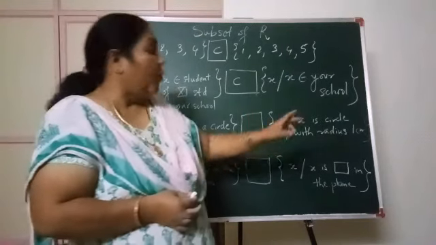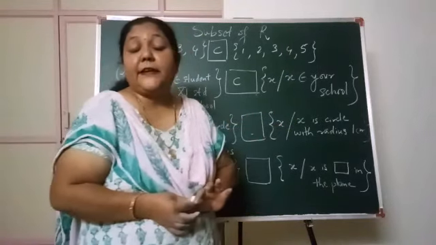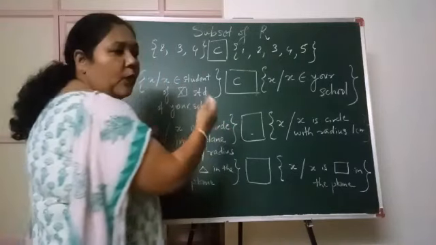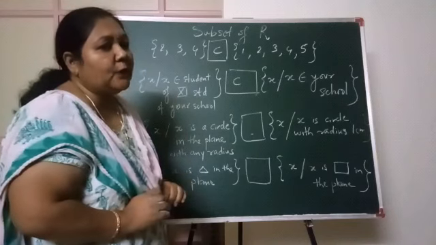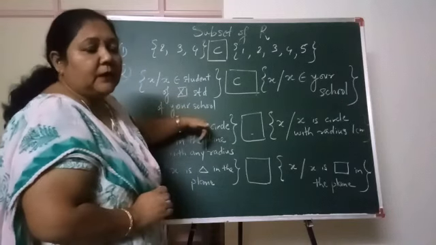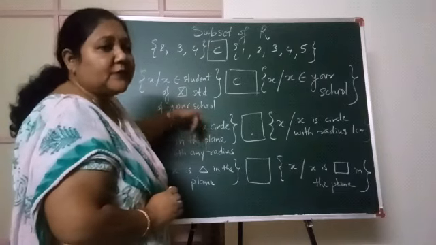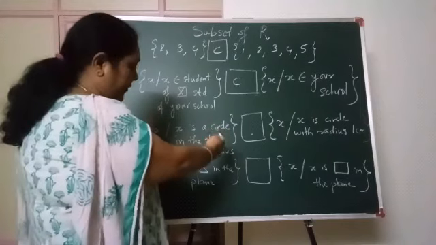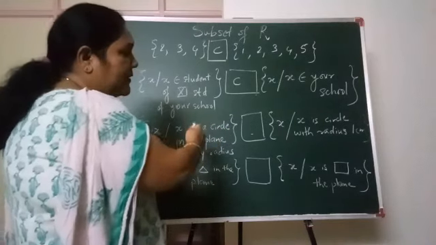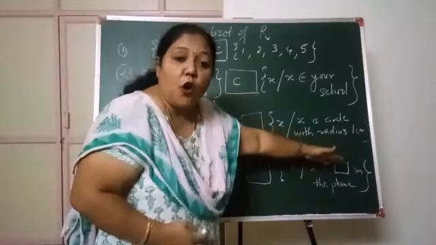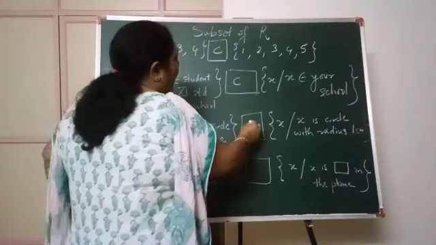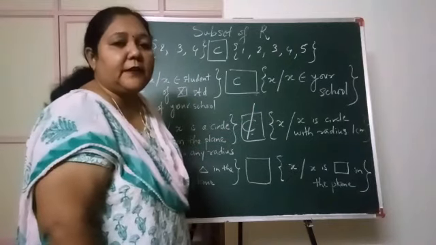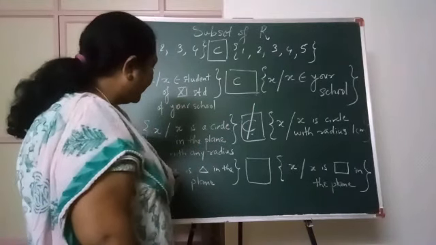It contains only the circles with radius 1 centimeter. तो पहले सेट में 1 centimeter का रेडियस का सर्कल तो आएगा, लेकिन इसके अलावा you are having here radius 2, 3, 4, so many other circles are there in the first set, and all circles of the first set are not present in the second set, and therefore I say that it is not a subset of the given set. Now you go to the next one.